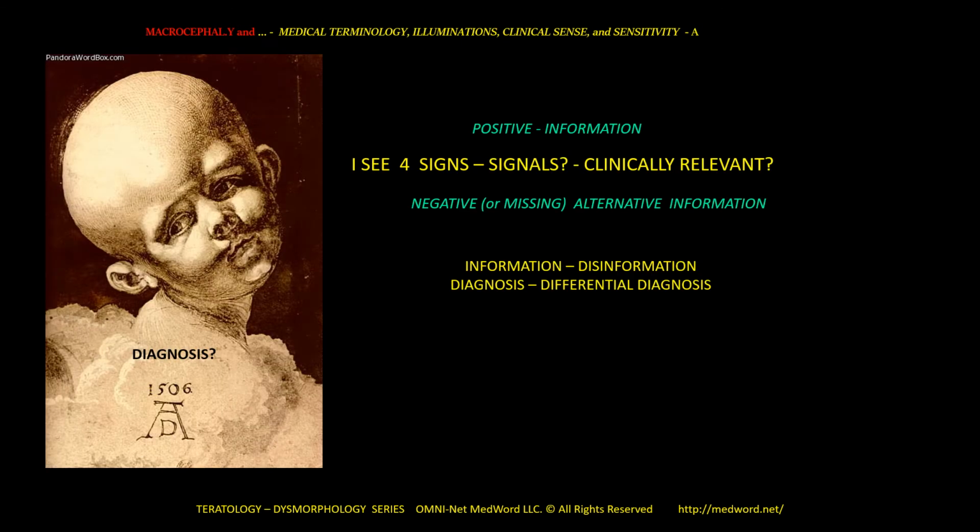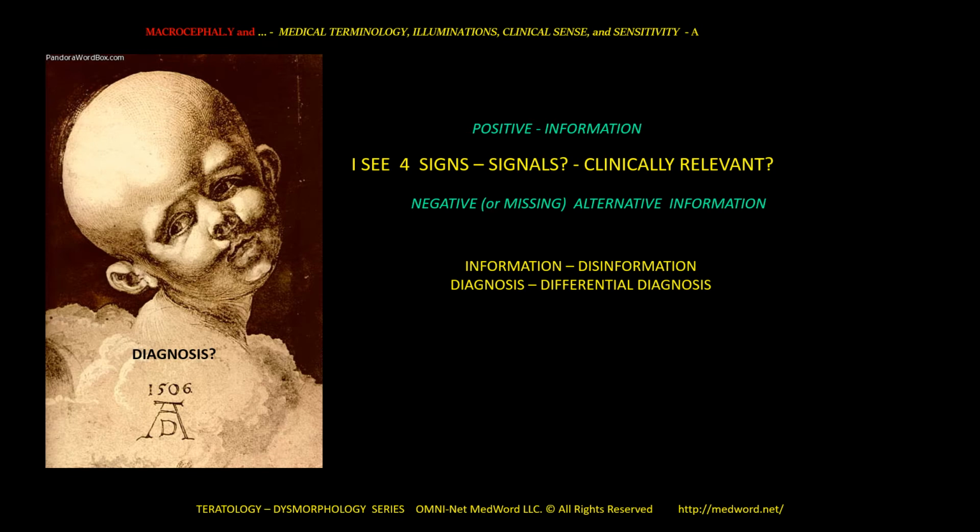Let's spend one more moment on this philosophy, if you like. In this image, I see 4 signs. Are they signals? Are they clinically relevant? There is positive information that will sustain my conclusions. But I can also see signs and signals that challenge my conclusion.